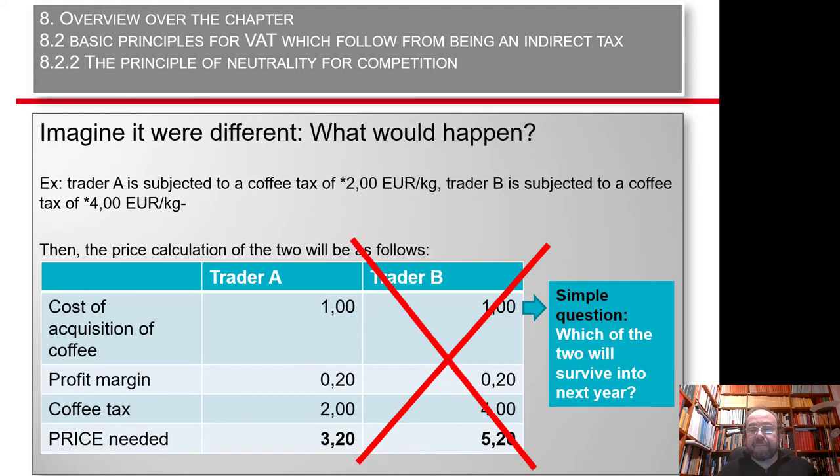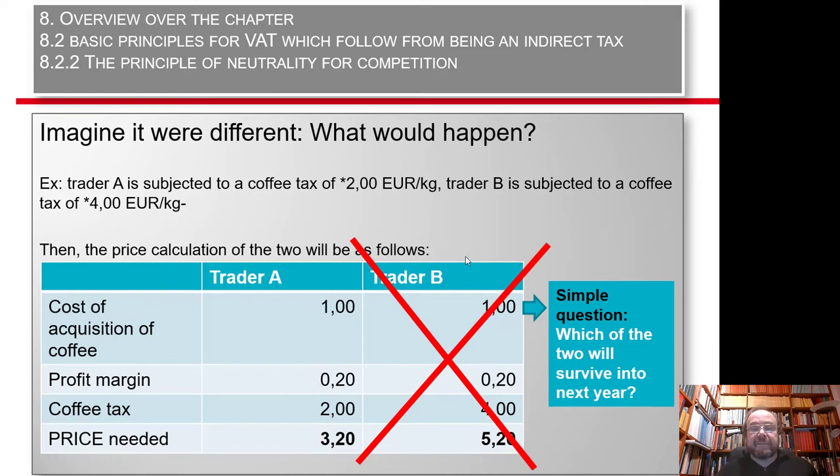And you can see the answer already from the red lines here. Trader B is doomed to die out, to leave the market, to go bankrupt, because nobody will buy from Trader B. If all the other circumstances are equal, then it's clear that only Trader A will survive.